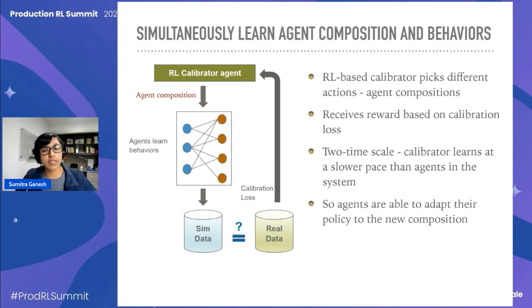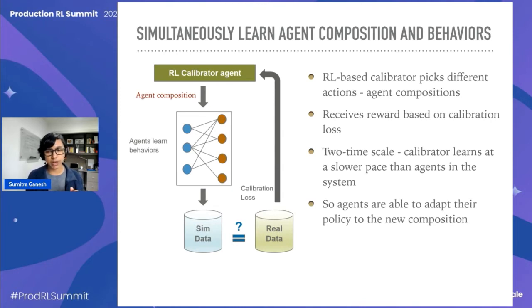What we proposed instead in our paper, this was NeurIPS 20, is to use an RL-based calibrator agent. Its actions are to pick the next agent composition, and it receives rewards based on the calibration loss. But the really nice thing we can do here is adopt a two-timescale approach, in which the calibrator learns and picks agent compositions at a slower pace than the agents in the simulation.